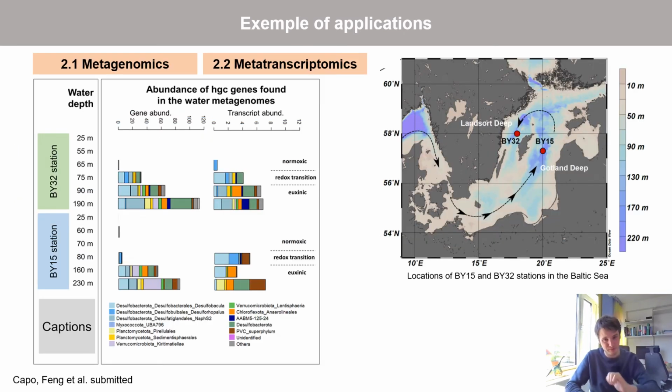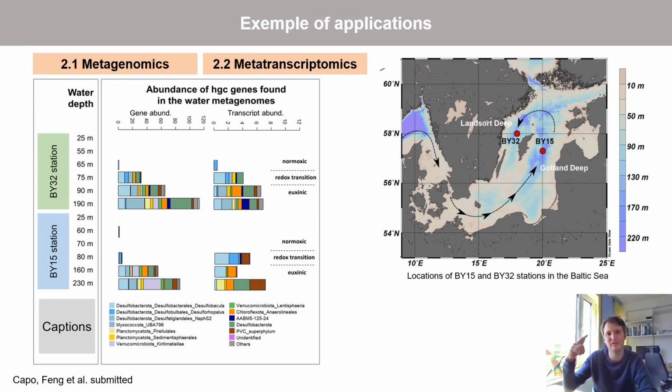The second example I wanted to illustrate is also a paper submitted. We also deposited it on bioRxiv earlier this year. Here in the Baltic Sea, we got metagenomes and metatranscriptomes from two stations, BY32 and BY15, and at different water depths.